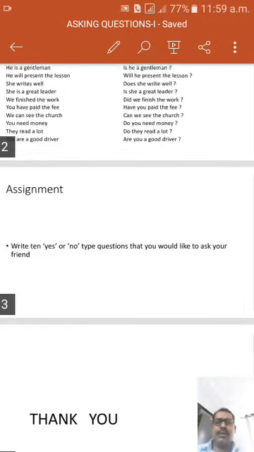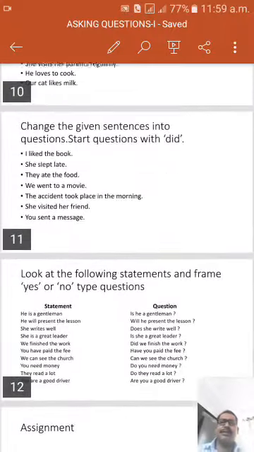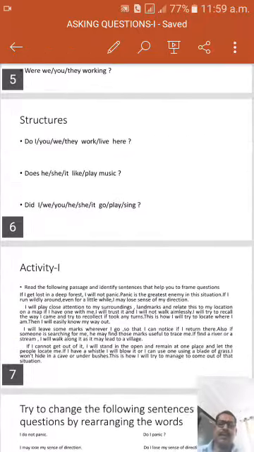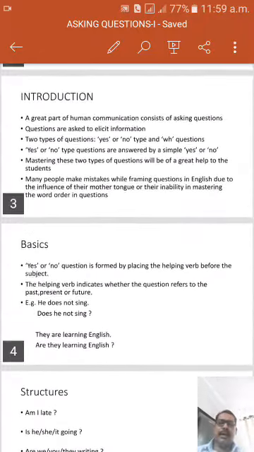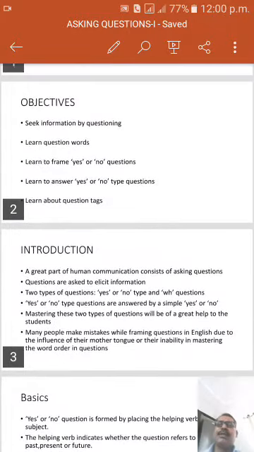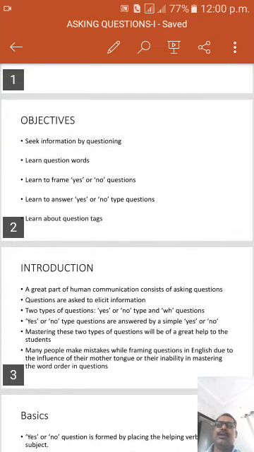Now let us recap. Let us revisit the lesson. Let us have a recap of the lesson. In the first slide we have these objectives.